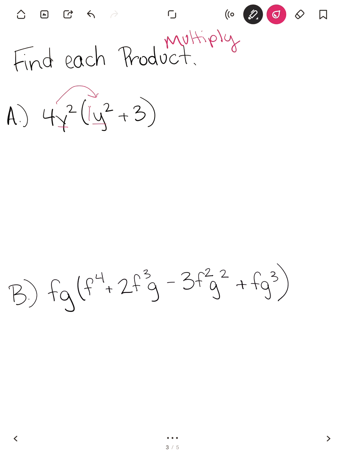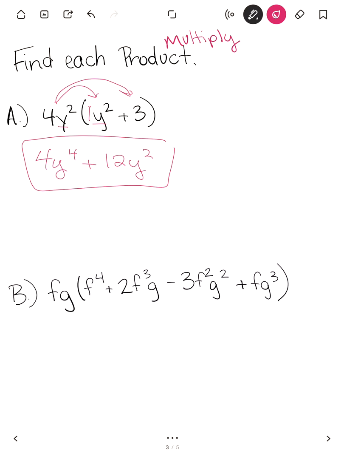So 4 times 1 is 4. Y squared times y squared, well, 2 plus 2 is 4. Then I do it to the second one. So 4y squared times 3 gives me a positive 12y squared. If I look, I have a y to the fourth and a y squared. I don't have any like terms, so this is my final answer.